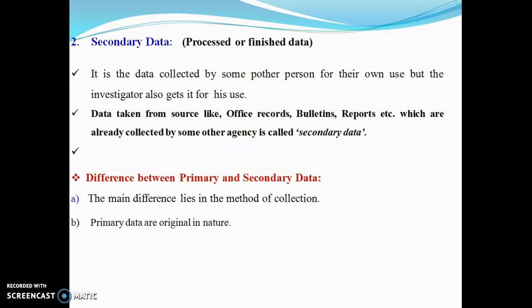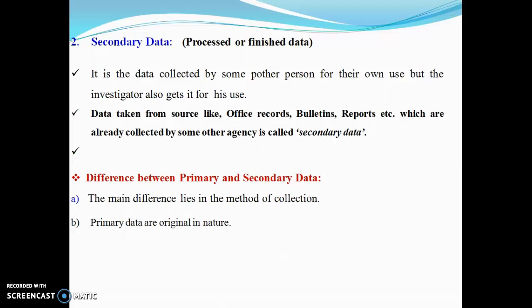Now, the second type of data, that is secondary data. Data taken from other sources like office records, bulletins, newspapers, reports, which are already collected by some other agencies, is called secondary data.